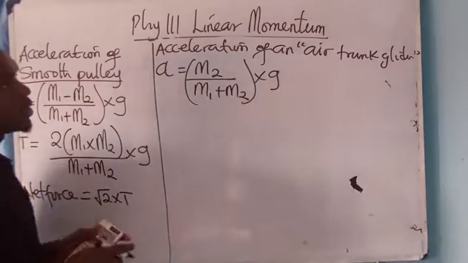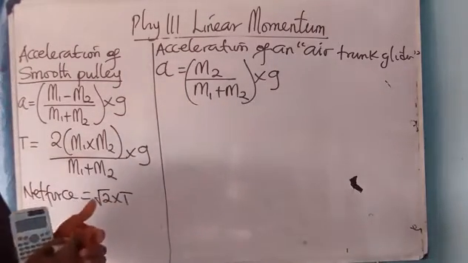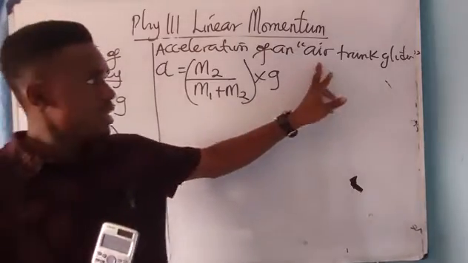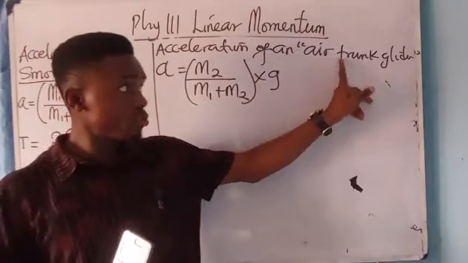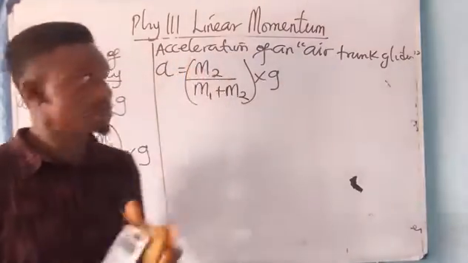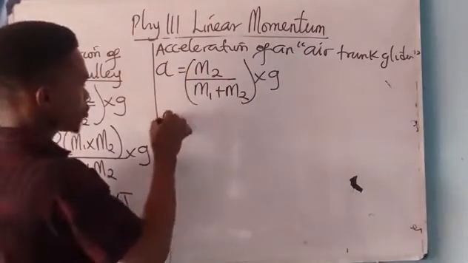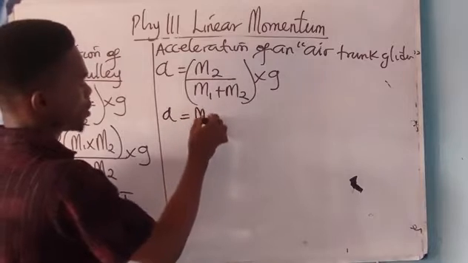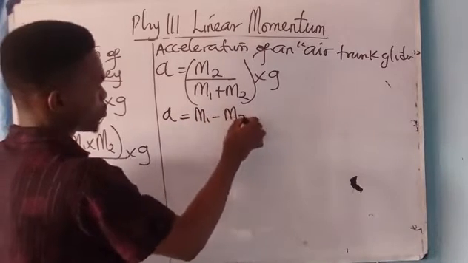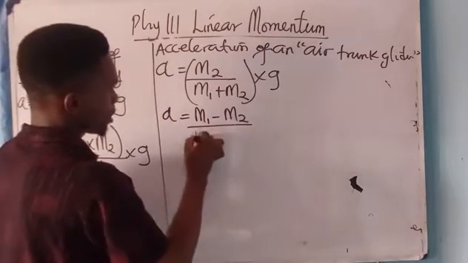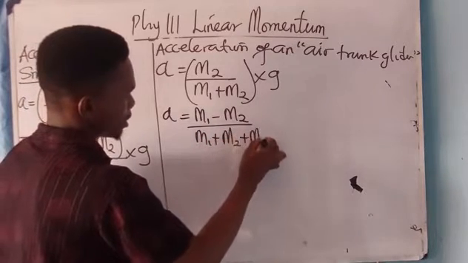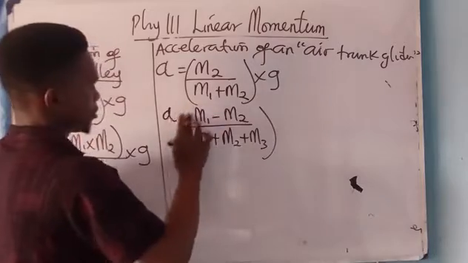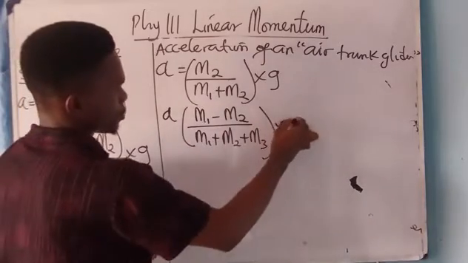Now, if you have this air track glider, we have a question on air track glider where we have 3 masses. The acceleration therefore becomes m1 minus m2 over m1 plus m2 plus m3, times gravity.